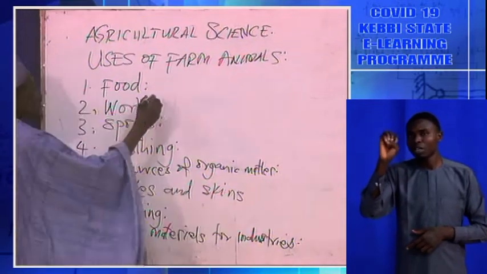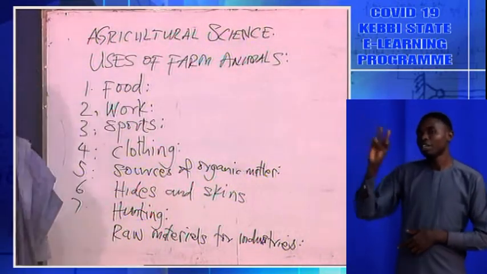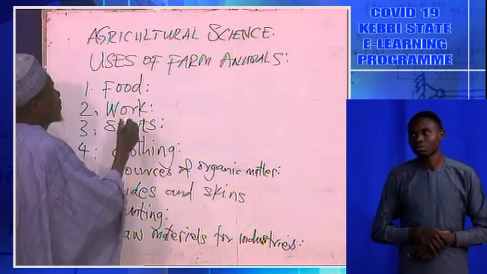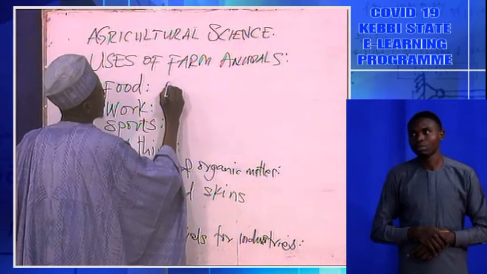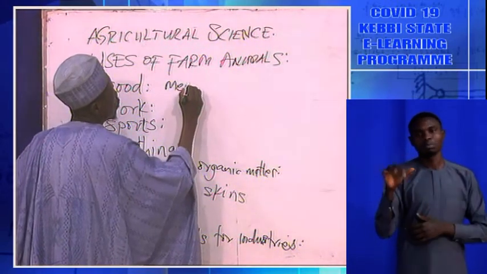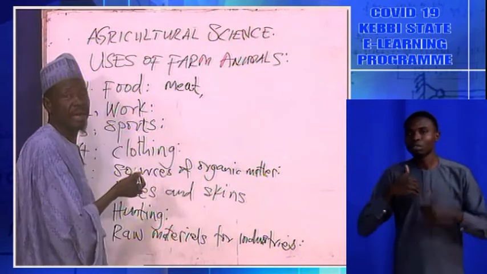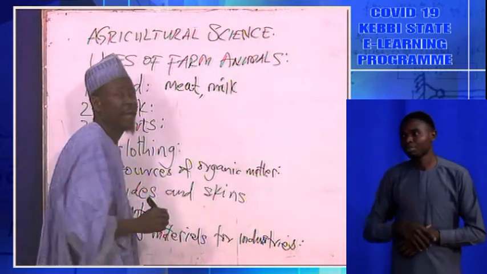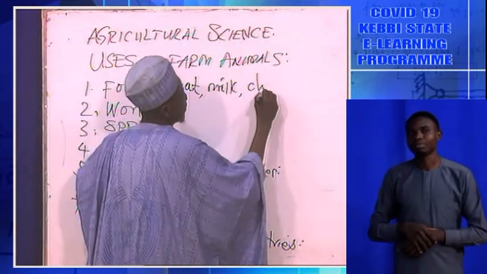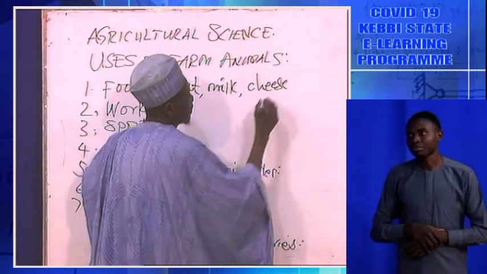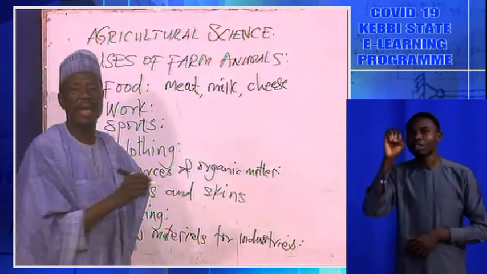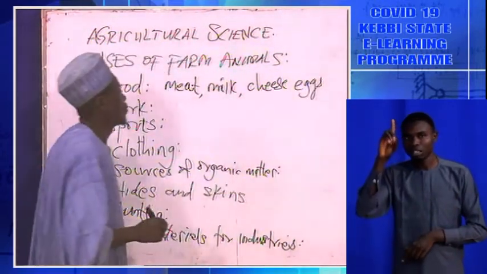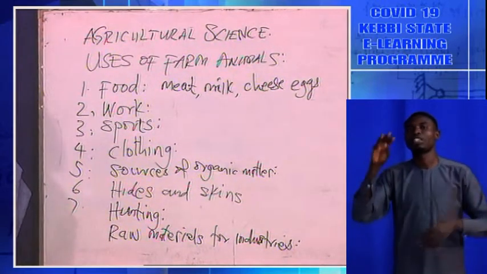Now food. What type of animals give or provide food for human beings? For food, we have meat. By food, we mean meat. What again? Milk. Cheese. Eggs. So what animals provide mainly meat?